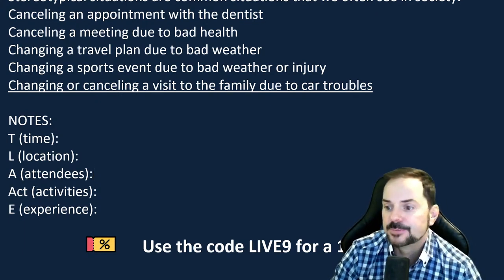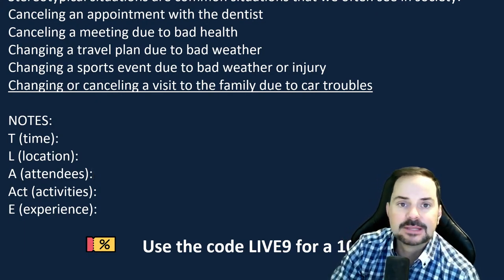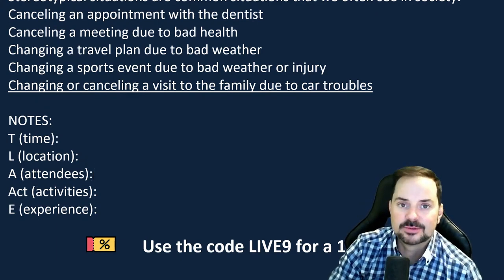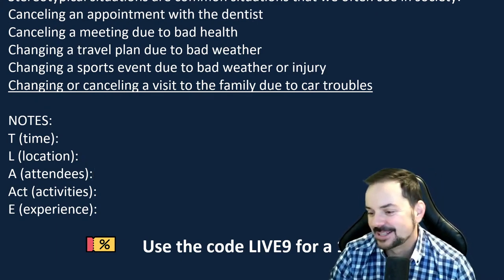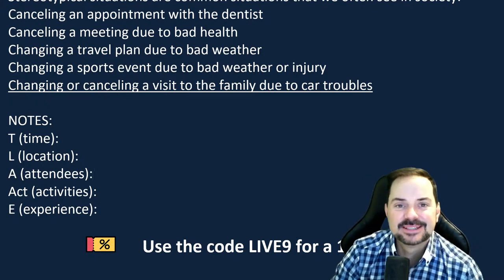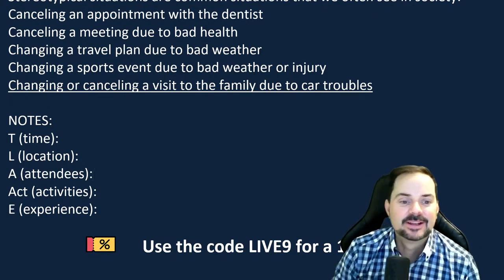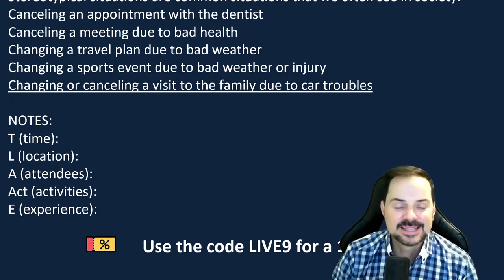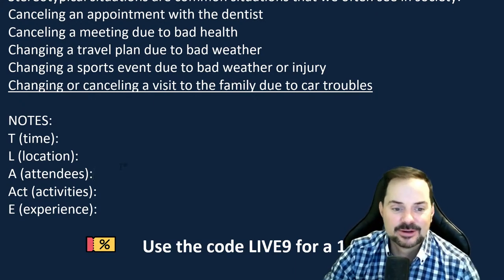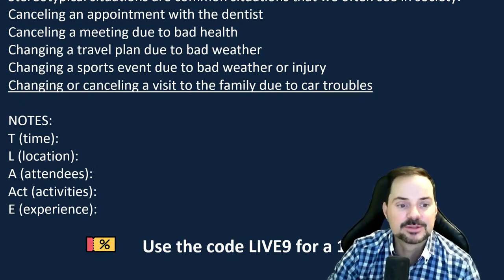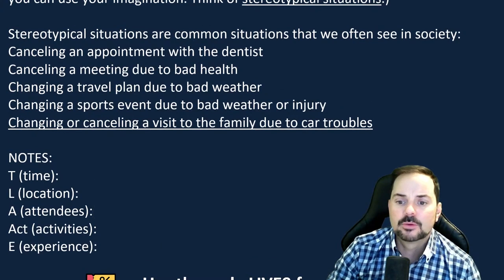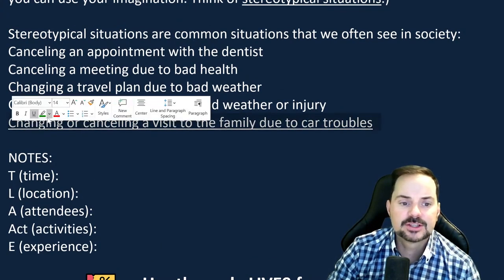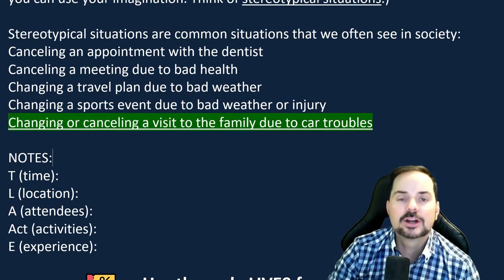Exactly, right? So we have this saying, man plans, God executes. Okay? It means that we make a lot of plans, but sometimes there are unexpected circumstances which affect our planning and the outcomes. Okay, so right now let's do changing or canceling the schedule due to car troubles.